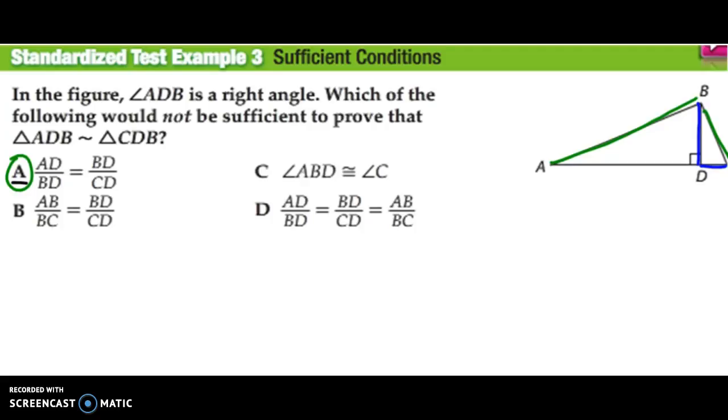Now you'll see that those are not the corresponding sides in my triangle. So it wouldn't help us out there. So option B will not help us out. So which one's not sufficient? Option B is not sufficient to figure out if those triangles are similar or not.